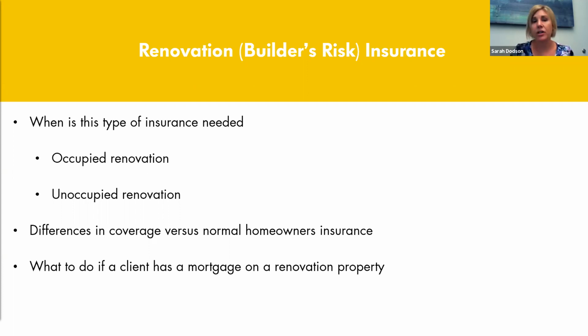Well, once the renovations are complete, they can cancel that builder's risk policy and be refunded any unused premium, usually less some taxes and service fees, and then put a regular homeowner's insurance policy into place, and that will satisfy the mortgage as well.